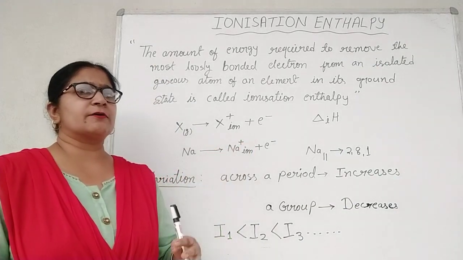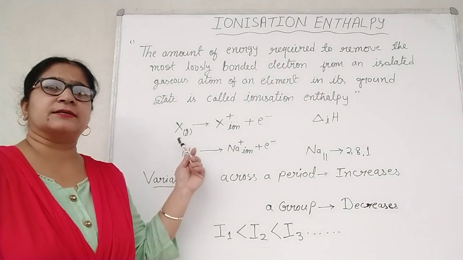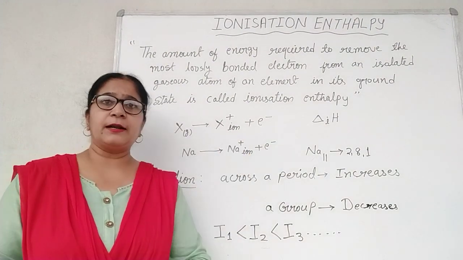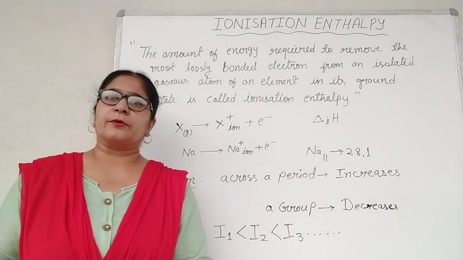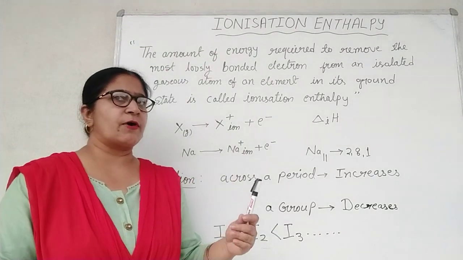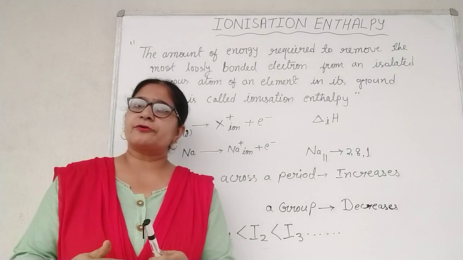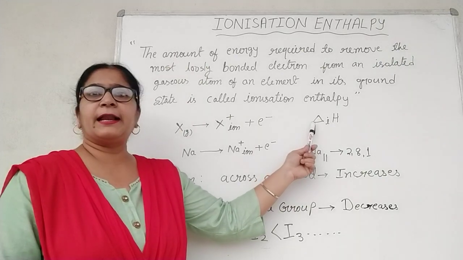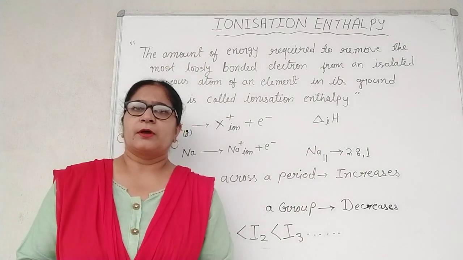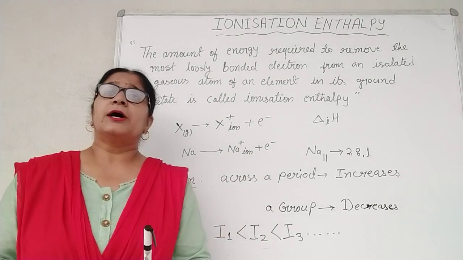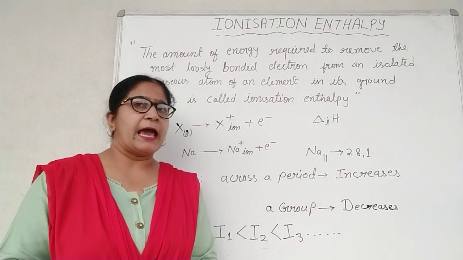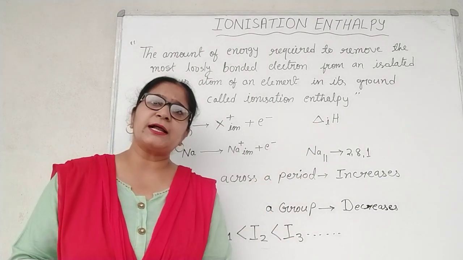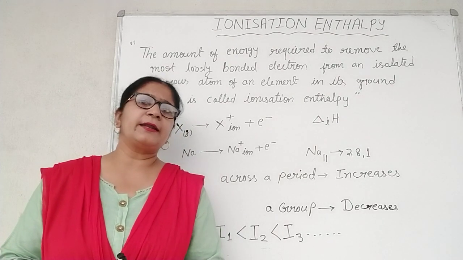When we remove one electron, X turns into an X plus ion. The energy required to remove the electron is known as ionization enthalpy, which is denoted by delta H of I. It is also known as ionization potential, or ionization energy.